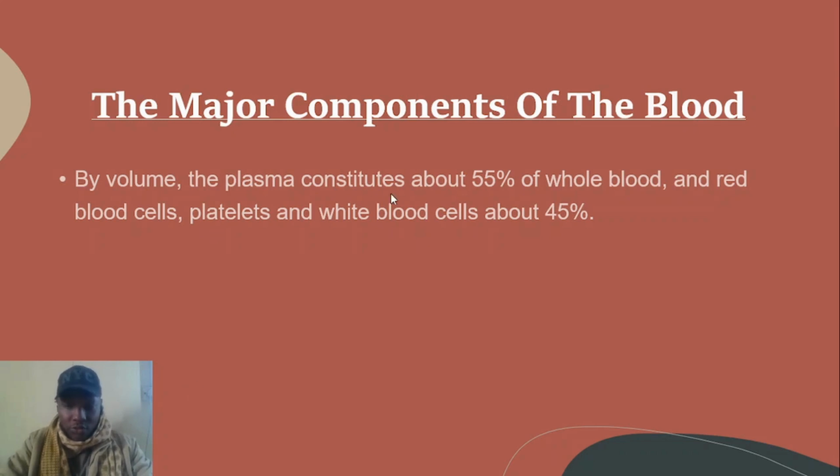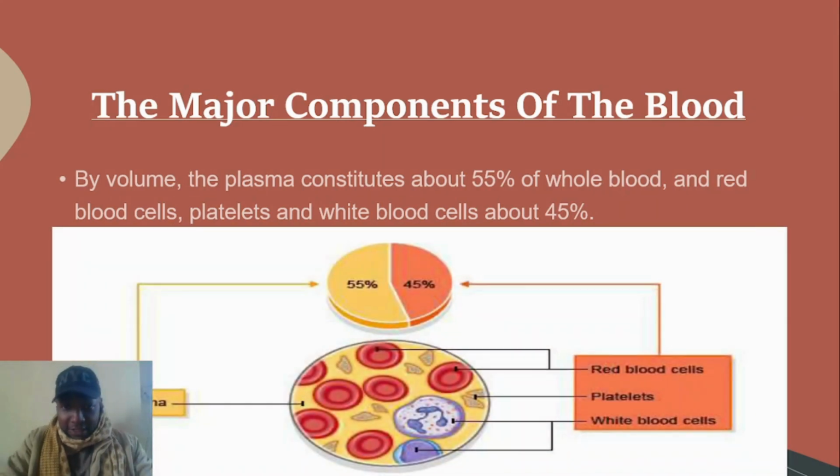Here is a pie chart showing the percentage of these components of the blood: plasma 55% and 45% for the red blood cells, platelets, and white blood cells.